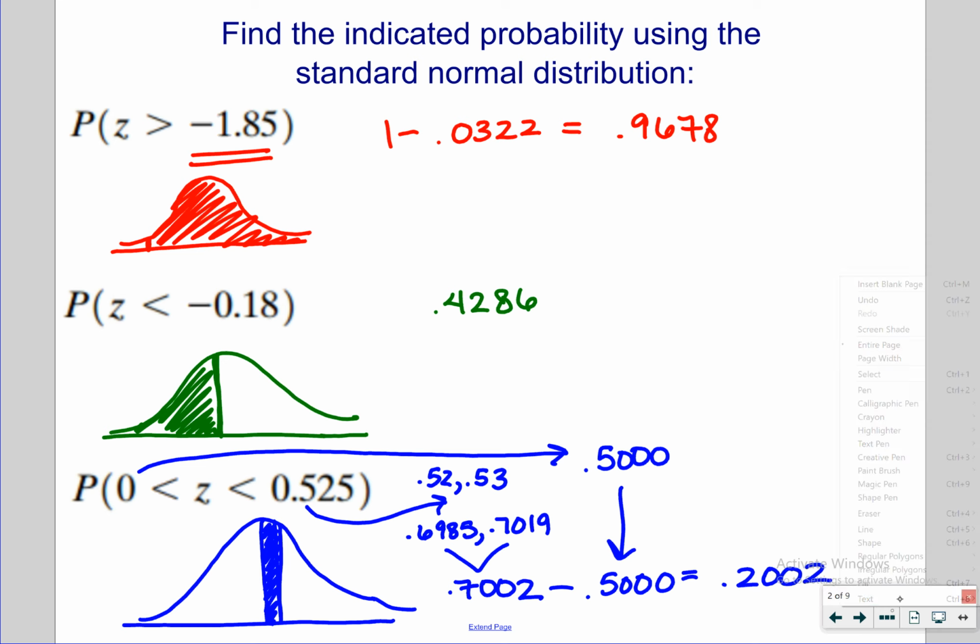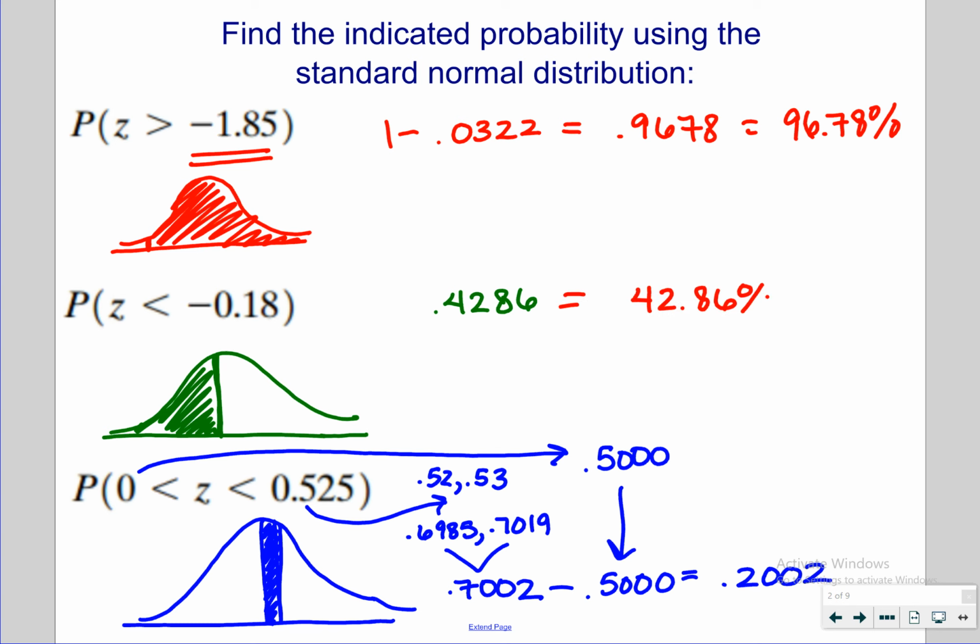Any of these, depending on how the problem's worded, like in MyMathLab, you might be giving it as a percentage, because they're a probability. That's what all these are representing, remember. So just going to move that decimal 2 spaces over if you need to. Okay, so a little review from last week. Any questions there?